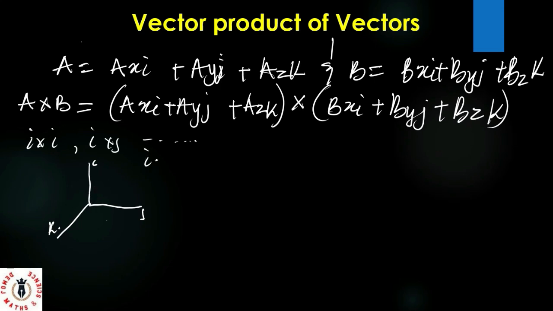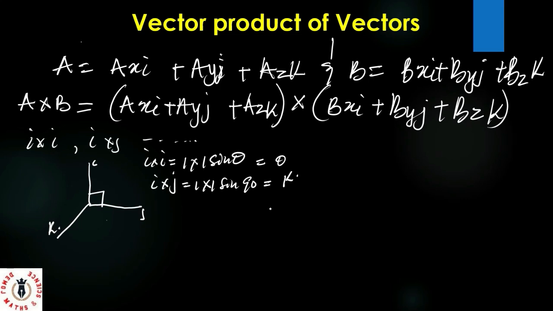So i cross multiplying i will be the same thing as 1 times 1 sine 0, and sine 0 is 0, so this is 0. But when you want to multiply i times j, between i and j there's 90 degrees. So i times j will be the same thing as 1 times 1 sine 90, which is equal to 1, but now in the direction of k. So I address this to be equal to k.